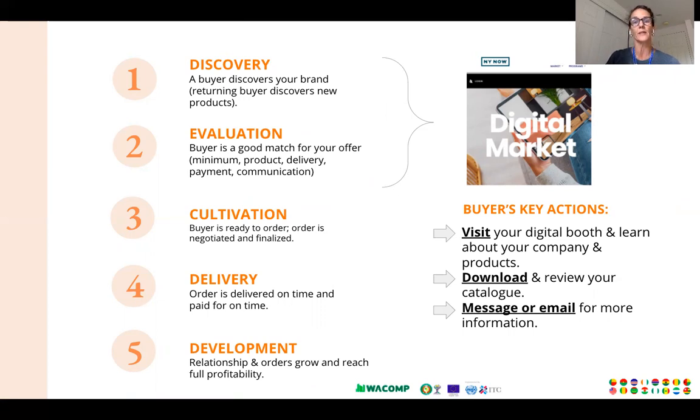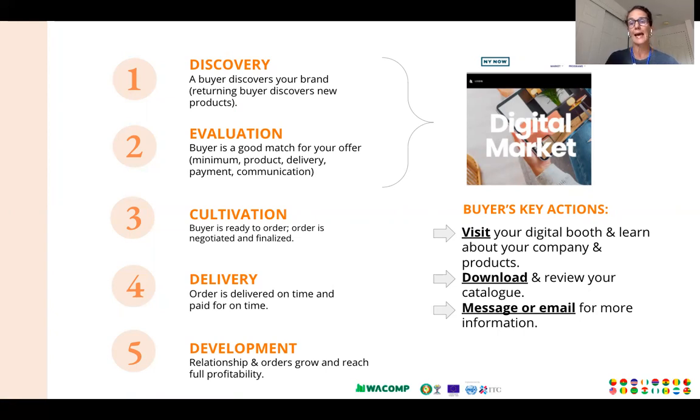So the buyer is going to discover your brand, or a returning buyer is going to discover new products that you offer. And then a buyer is going to evaluate, are you the right type of company to work with in terms of minimum order, the product you're offering, delivery times, payment, and communication?